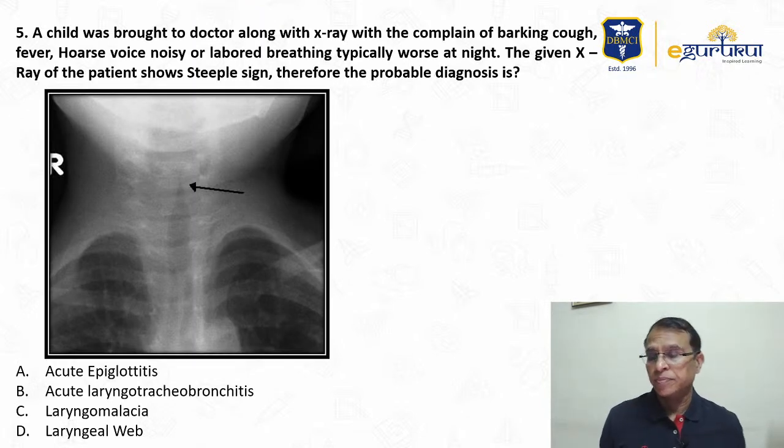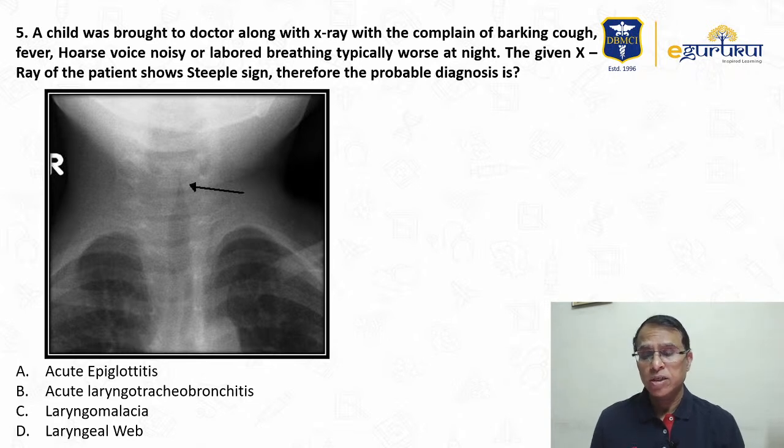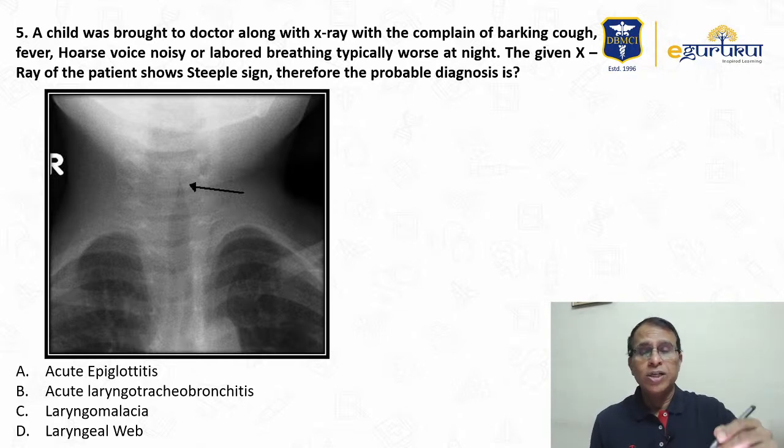Next one. Again, last year's question. A child was brought to a doctor with an X-ray with a complaint of barking cough, fever, hoarse voice, noisy or labored breathing, typically worsens at night. The X-ray is given, shows steeple sign, therefore the probable diagnosis. It's a so straightforward question. The whole history is useless.